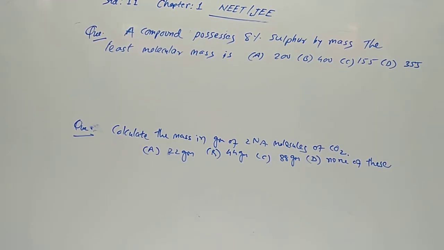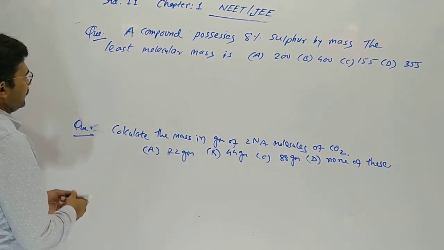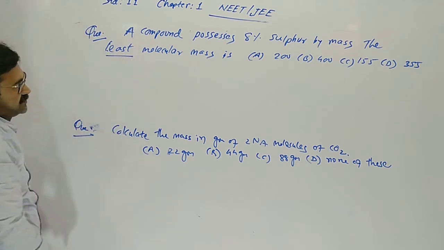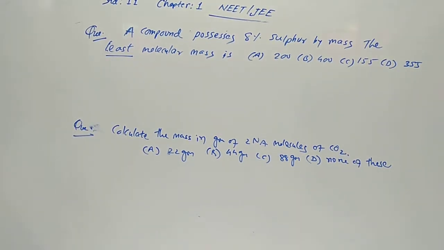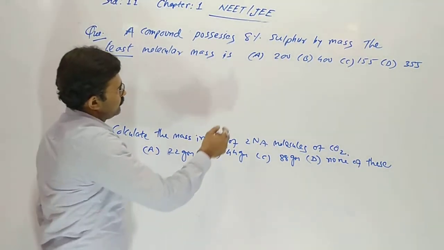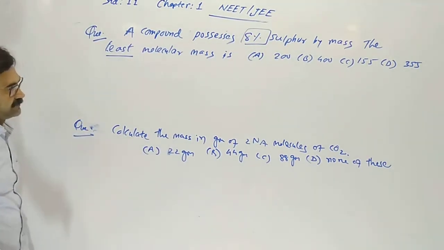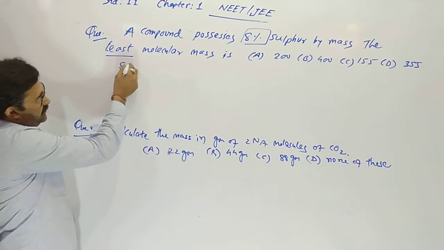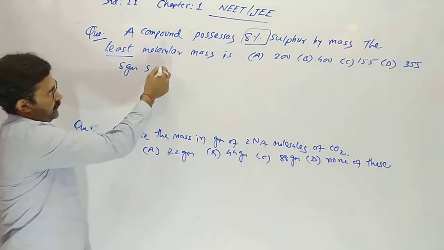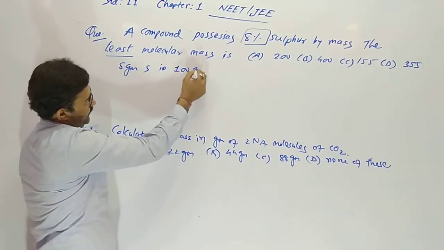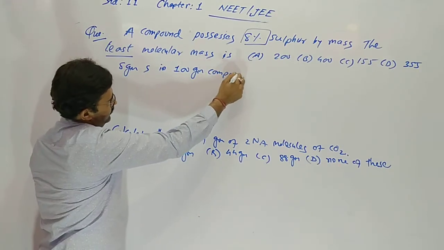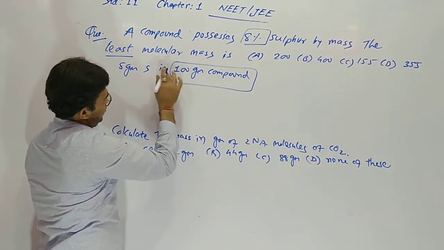A compound possesses 8% sulfur by mass. The least molecular mass of the compound will be? Percentage should be in reference to 100. 8% means 8 gram of sulfur in 100 gram of compound. Clear?